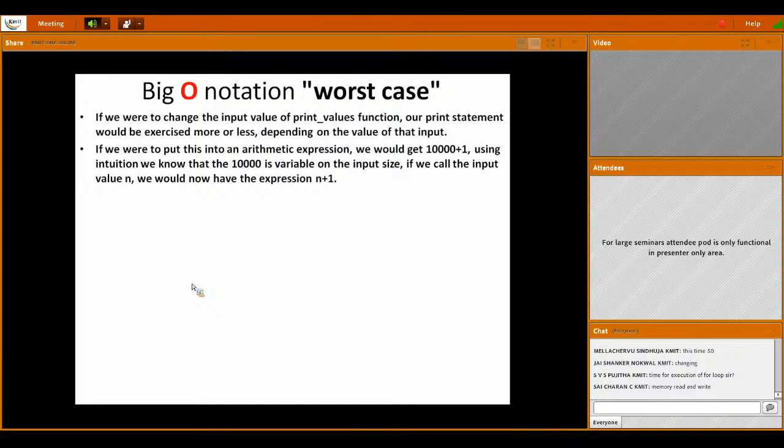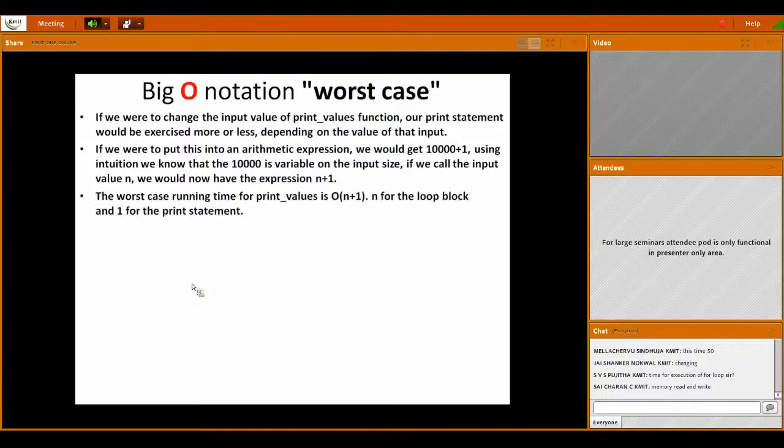So the time taken to execute the loop is linearly proportional, or linearly dependent, on the parameter which we are passing, right? We can easily ignore this 1 as a factor. That's what I'm trying to bring out.